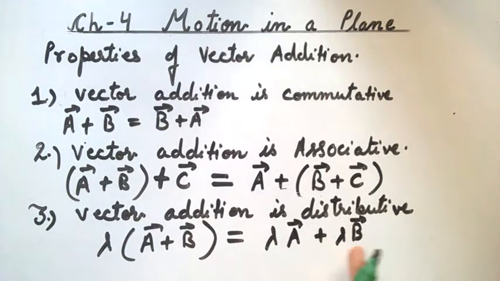With this we have studied in vector addition of a real number, that it is lambda times a vector, lambda times the given b vector. So it follows three properties.